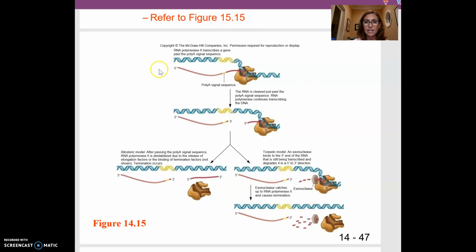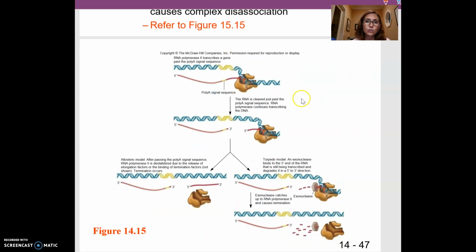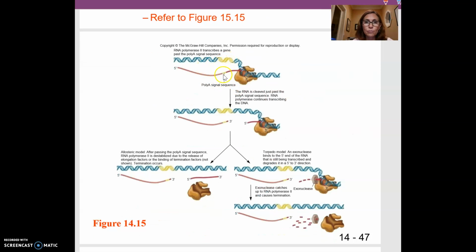Over here in the torpedo model, here is your polyadenylation sequence, which you are going to find in the actual gene. It's at the end of the gene. The poly-A sequence is basically a recognition site for enzymes to come and cut the terminal end of the messenger RNA off. The RNA polymerase continues to synthesize new RNA.